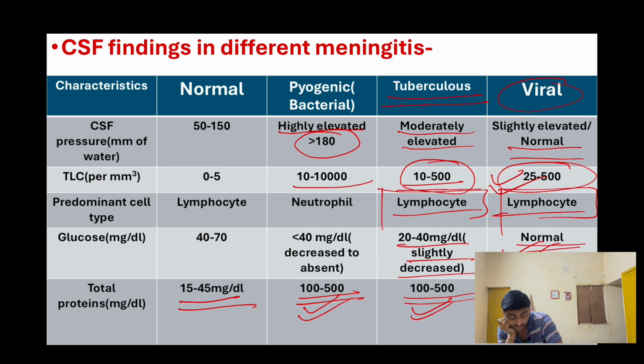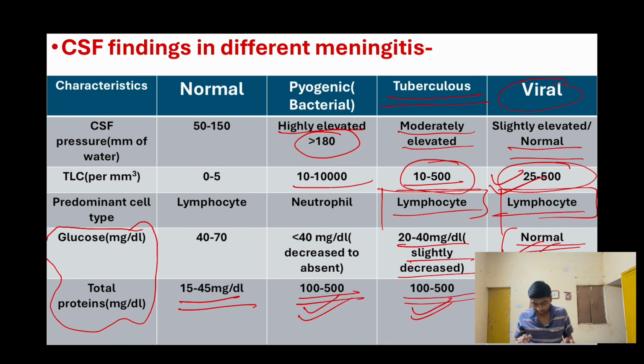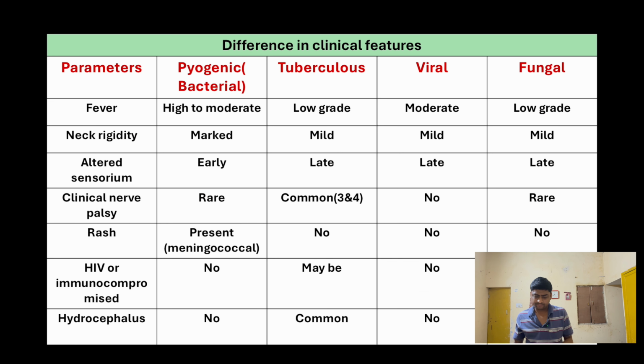In viral meningitis, the protein level is normal. So in viral meningitis, the glucose and the protein level in the CSF are normal. So we have studied the CSF findings in different types of meningitis.